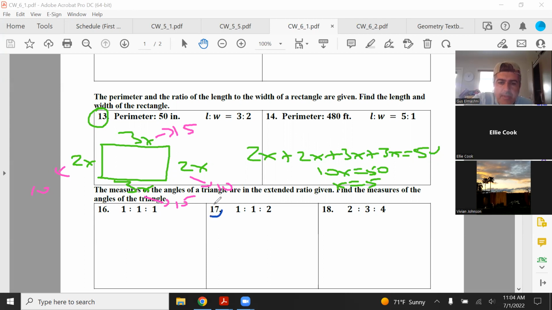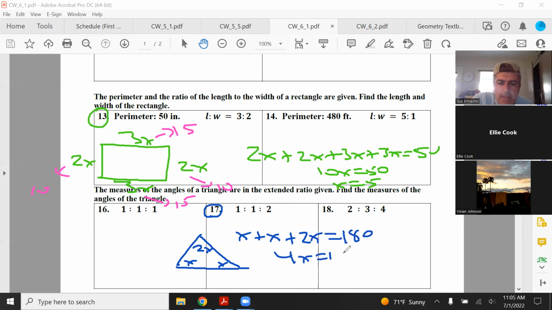Number 17, so you have a triangle here, x, x, and 2x. So then x plus x plus 2x adds up to 180. Four x adds up to 180.